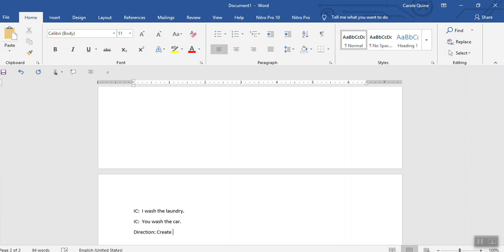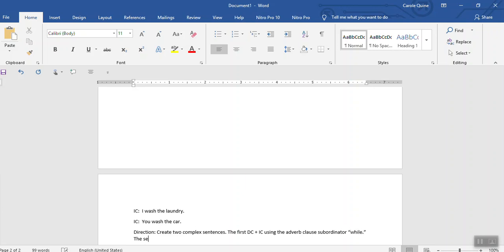Create two complex sentences. The first should be a dependent clause plus independent clause complex sentence using the adverb clause subordinator while.